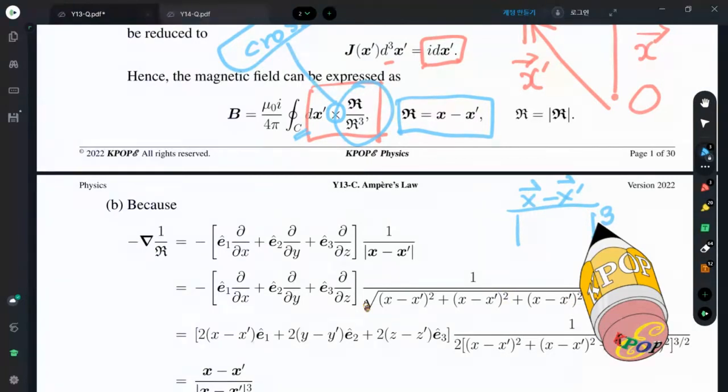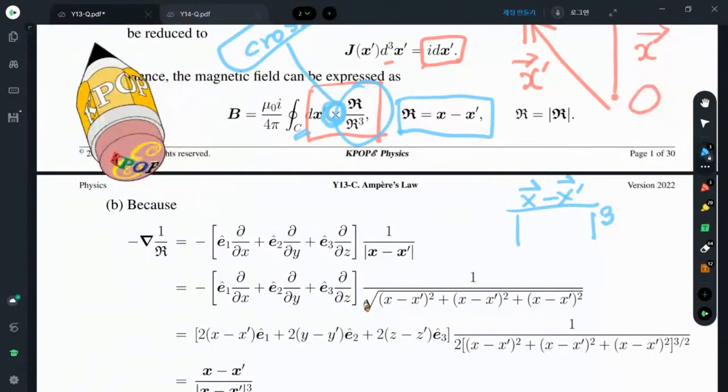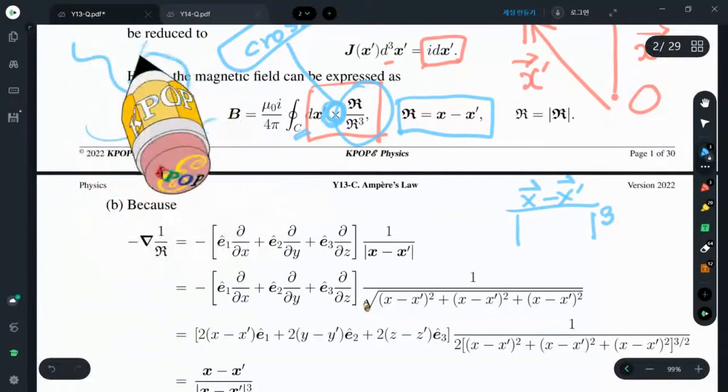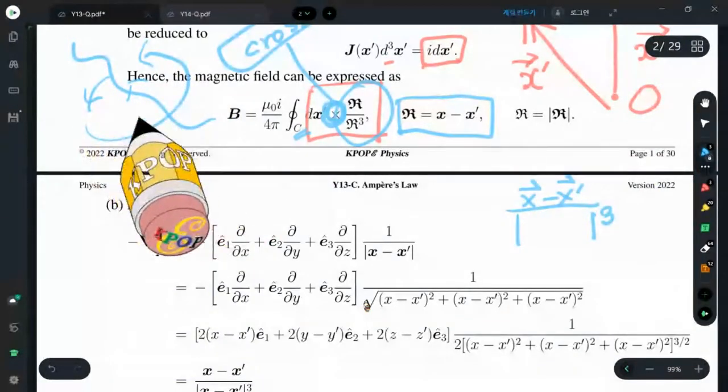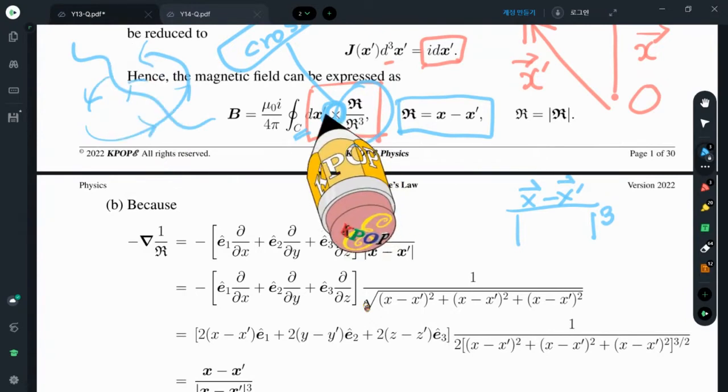So the magnetic field also satisfies the inverse square law. However, as you can see from this, the magnetic field is a little bit complicated. If there is a current, the magnetic field is circulating around the current. And the magnetic force is different from the electrostatic force or gravitational force that are central, because of this kind of cross product.